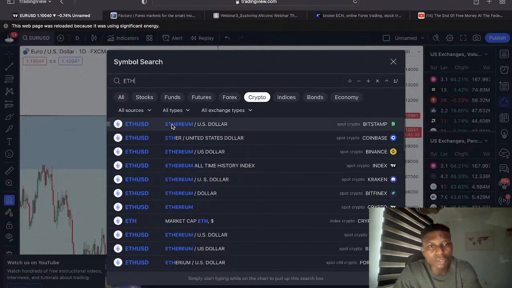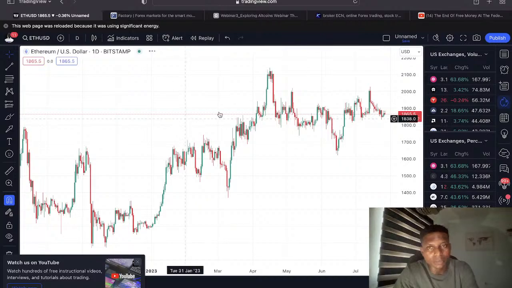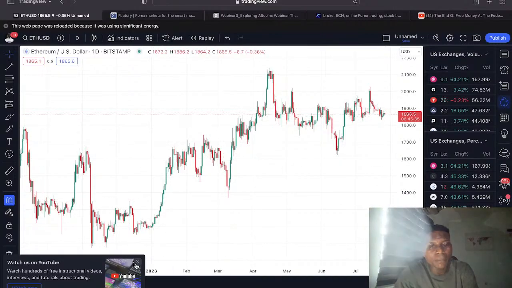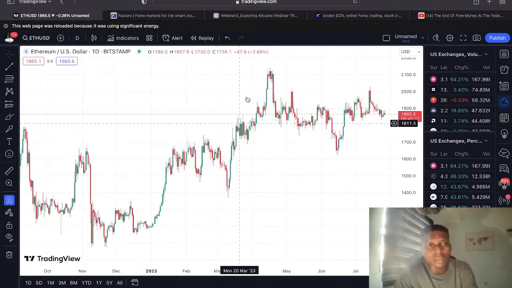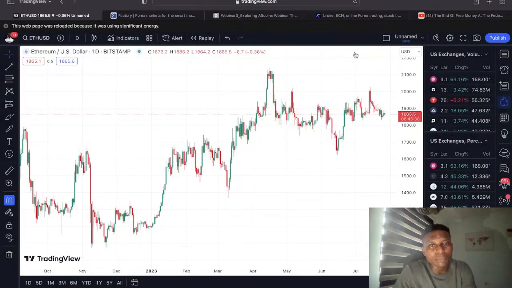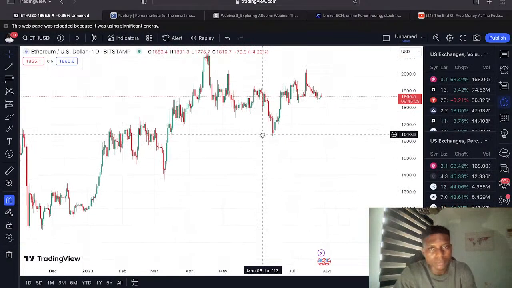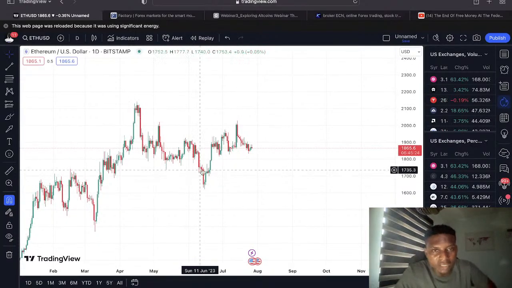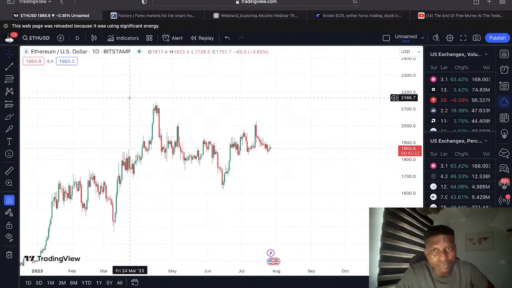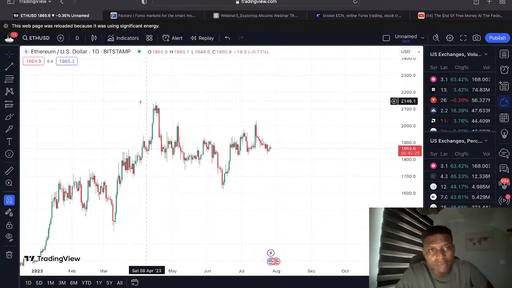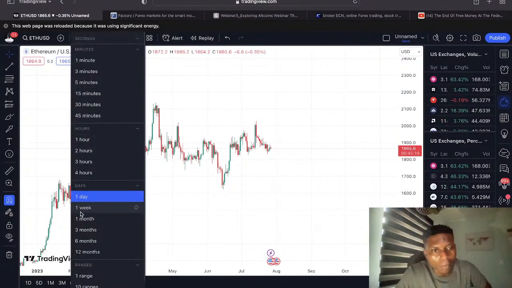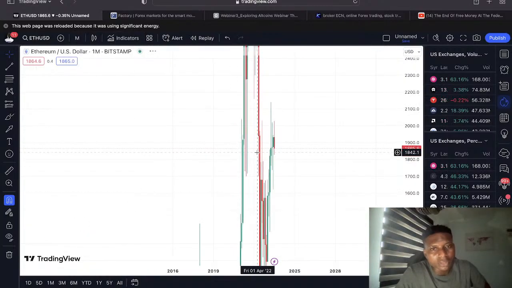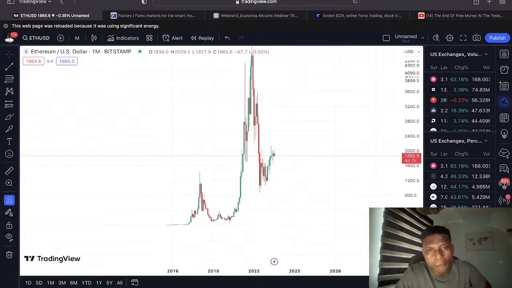Let's look at Ethereum USD. Currently, this is the daily time frame of the Ethereum market. And this is the monthly time frame.